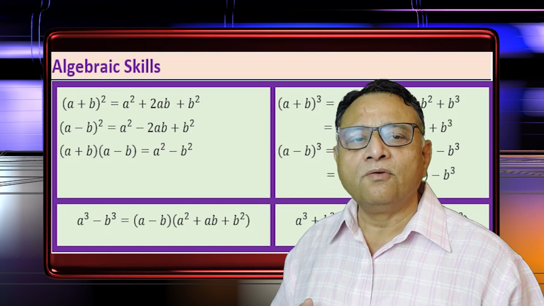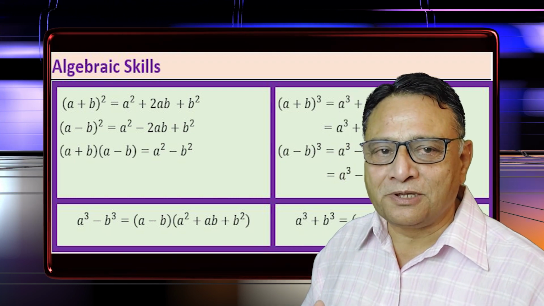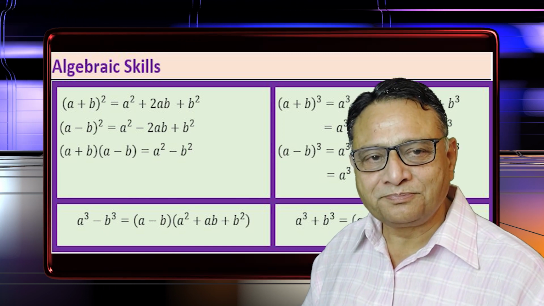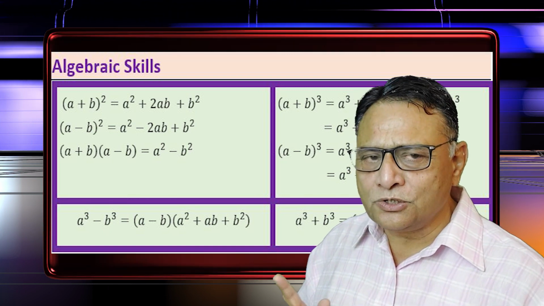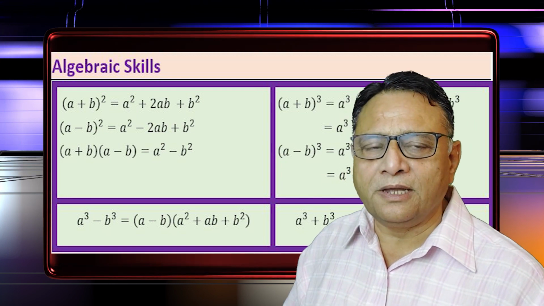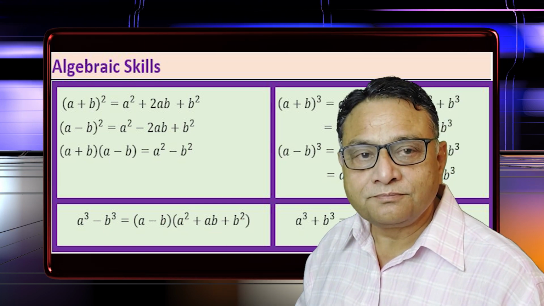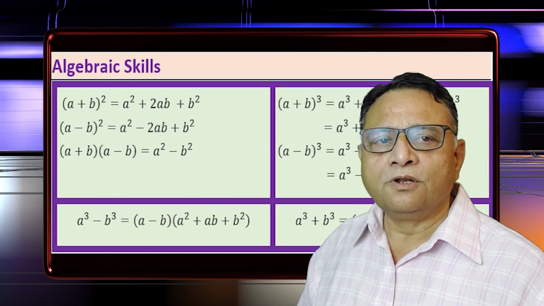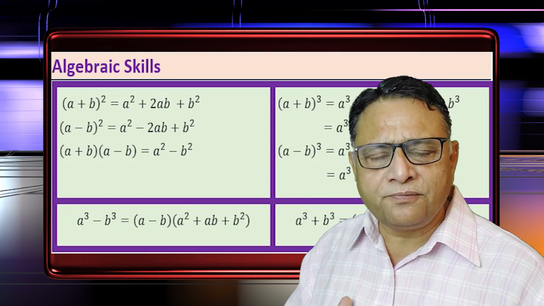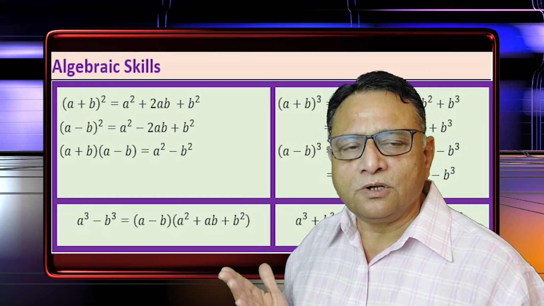And similarly, we have the algebraic identities for (a plus b) whole cube and (a minus b) whole cube. We can also write a cube minus b cube or a cube plus b cube in factored form, as given in the formula right there. These are very useful to prove identities, since we need to simplify one side of the expression and make it equal to the other side.